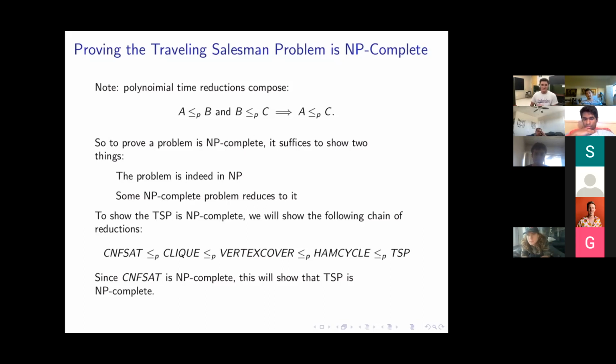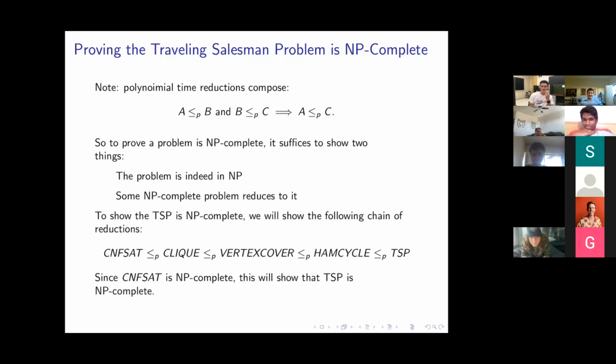If I can show that CNF-SAT reduces to some problem I'm going to call Clique, which reduces to some problem I'm going to call Vertex Cover, which reduces to some problem called Ham Cycle, and that reduces to the traveling salesman problem, this is indeed enough to show that the traveling salesman problem is NP-complete. Again, because we have already demonstrated that it is in NP by taking the certificate to just be the list of edges that you're going to travel along, or something like this.